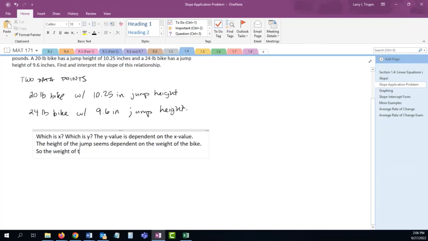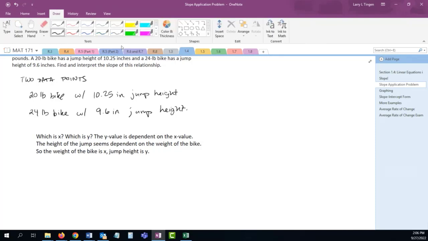So these two data points are actually the ordered pairs (20, 10.25) and (24, 9.6). And they've asked me to find and interpret the slope in this relationship.